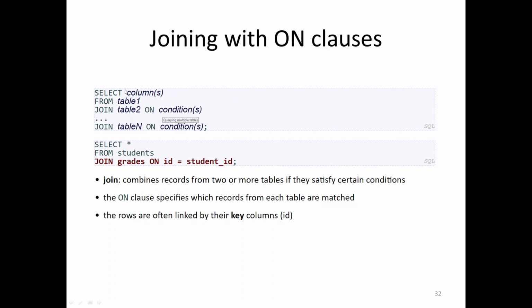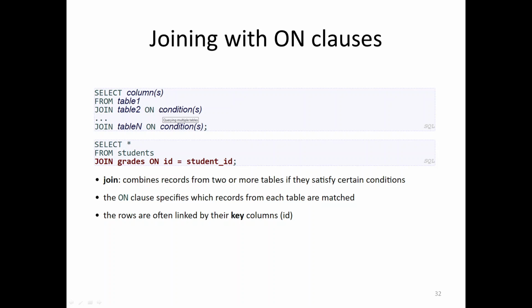We say, okay, select certain columns from table 2 on, and then we write down a certain condition that can be used to filter the records that are mapped from that Cartesian product.